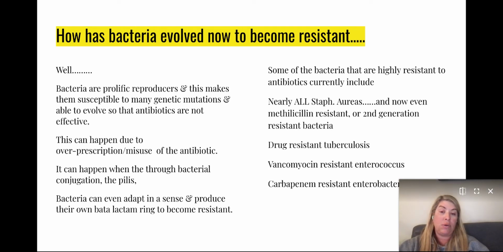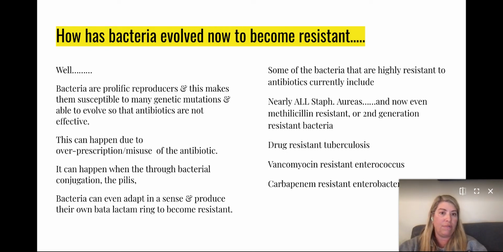It can also happen through bacterial conjugation. You probably remember the pilus. And it can even happen when the bacteria adapt and make their own beta-lactam ring that's resistant.